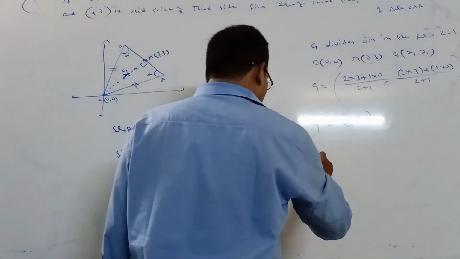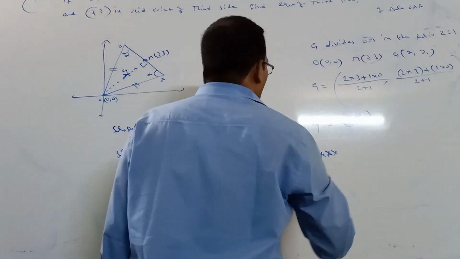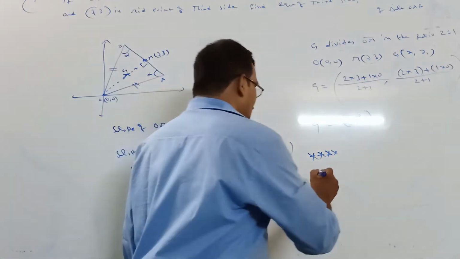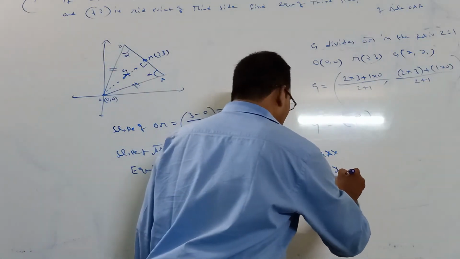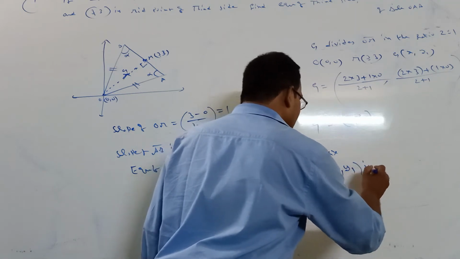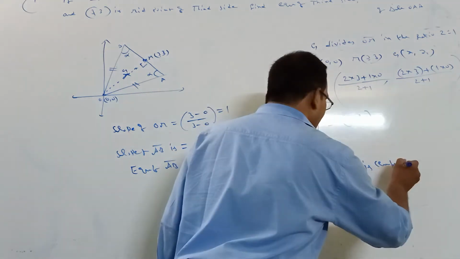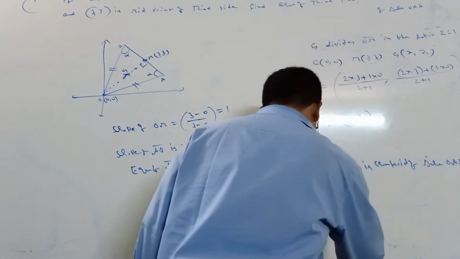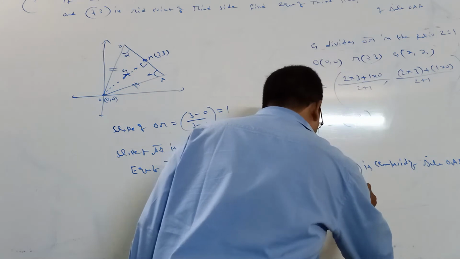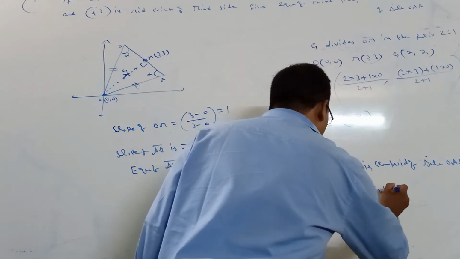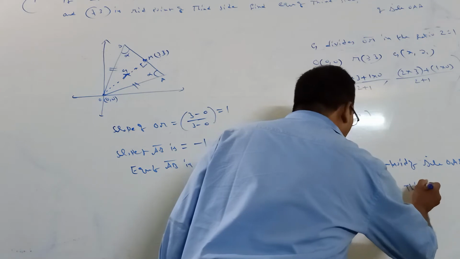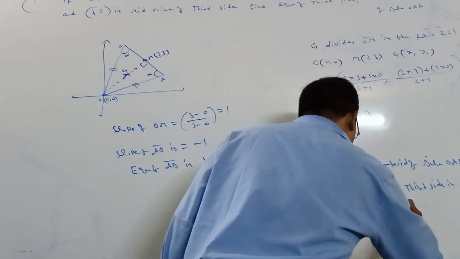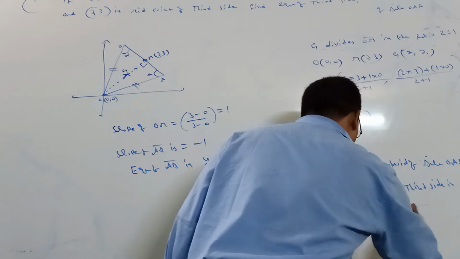Here we have one standard formula. In this model, if (x1, y1) is the centroid of triangle OAB, then the midpoint of the third side is (3 by 2 x1, 3 by 2 y1).